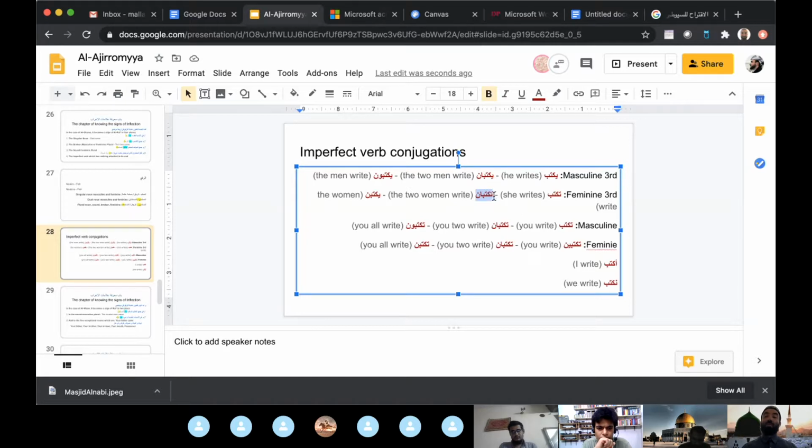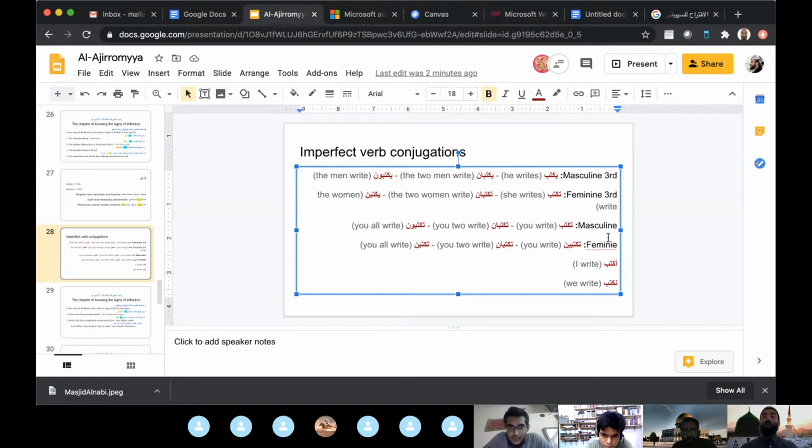So for the third person, a ta would indicate that you're referring to something that is feminine, or females. Yaktubna is totally different from this. So the ya did not change. However, the end of the word changed, and it became yaktubna. And this noon here is the pronoun. For the masculine, the waw is the pronoun, but in the feminine, the noon is the pronoun.